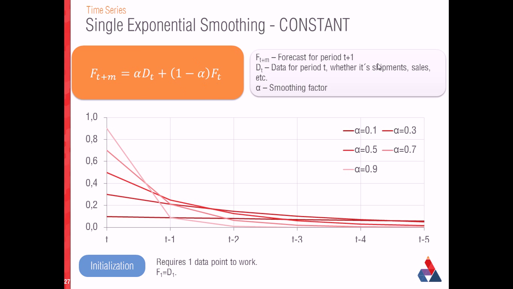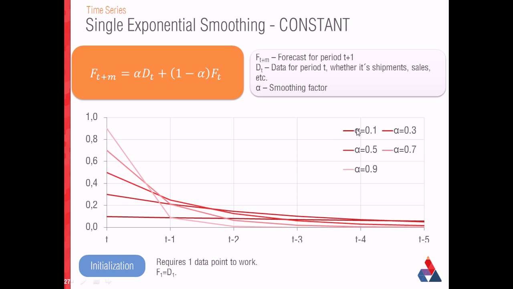Okay, and in this graph, you can see the weights when alpha is constant. Basically, what exponential smoothing is doing is assigning weights. It's like a weighted moving average, but it's assigning weights to the different periods of history for that same data point.